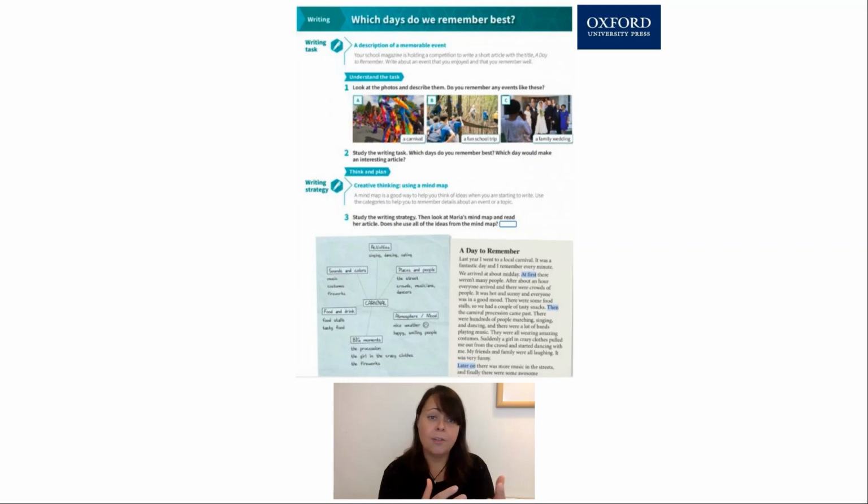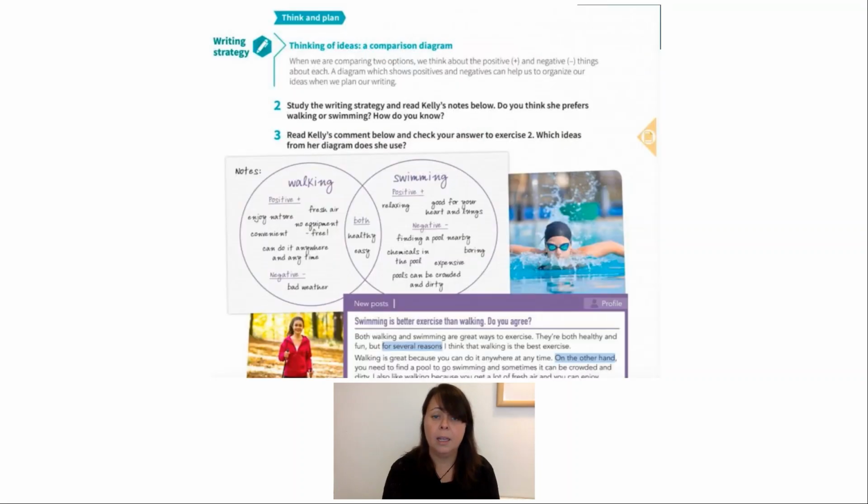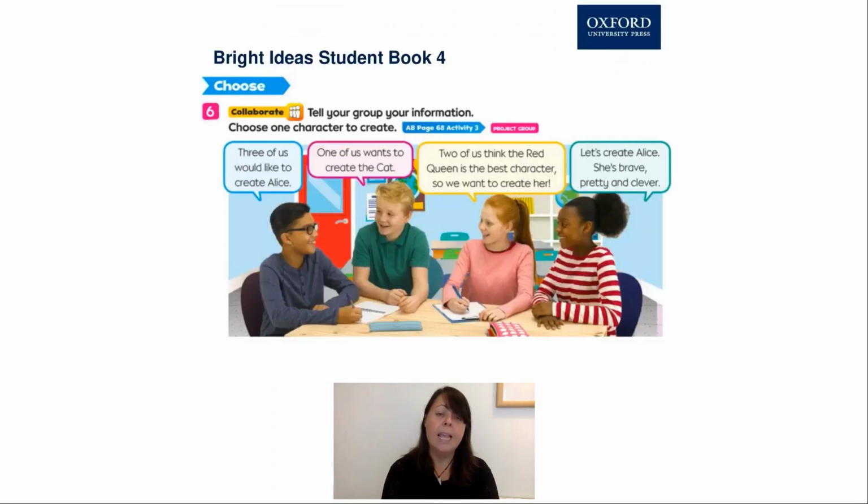So again, another example of a writing strategy here is the mind map. Again, easily done in L1, and you can also then help and check ideas. Using Venn diagrams is a fantastic way of thinking about ideas and comparison. It could be used in L1.